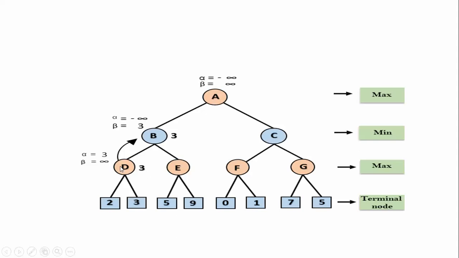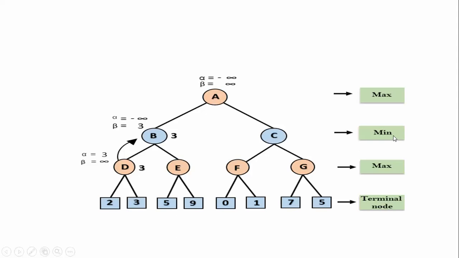So this node value will pass to the upper node. What is the value of B now? The node B value is 3. Now we are going to move to the right part. Don't forget we are following DFS. So after completing this part only we can move to this part.